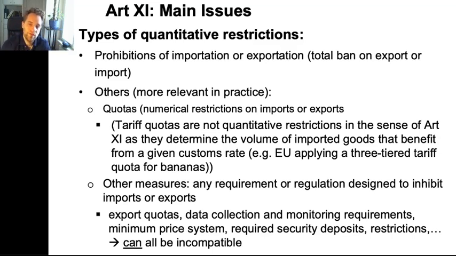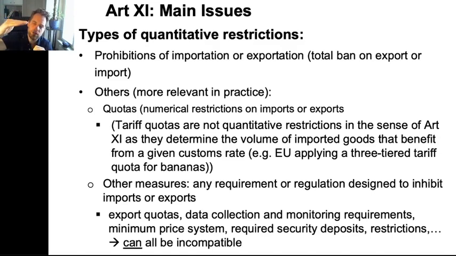They have to be, however, differentiated from so-called tariff quotas. What is a tariff quota? This is somewhat misleading because the word quota is mentioned here, but this is a tariff that says that a number of imported goods benefit from a specific customs rate. And then once this number has been reached, you'd say, okay, the first 500 tons, no tariffs.